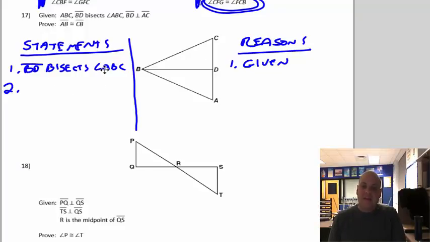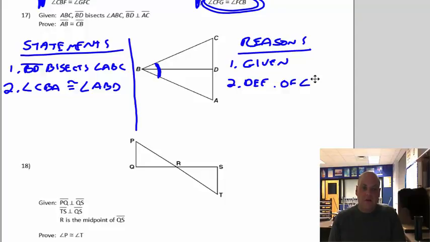BD bisects angle ABC, so that angle is cut into two congruent angles. So we should say that angle CBA is congruent to angle ABD, and that's definition of angle bisector.